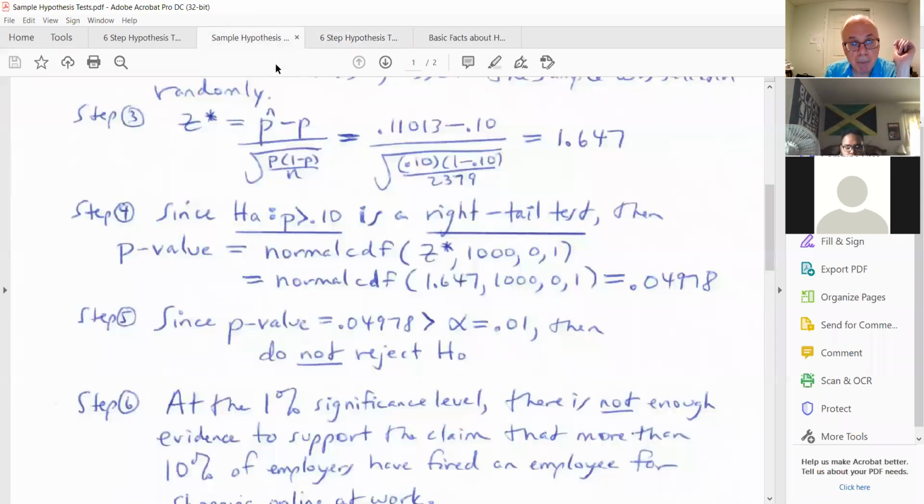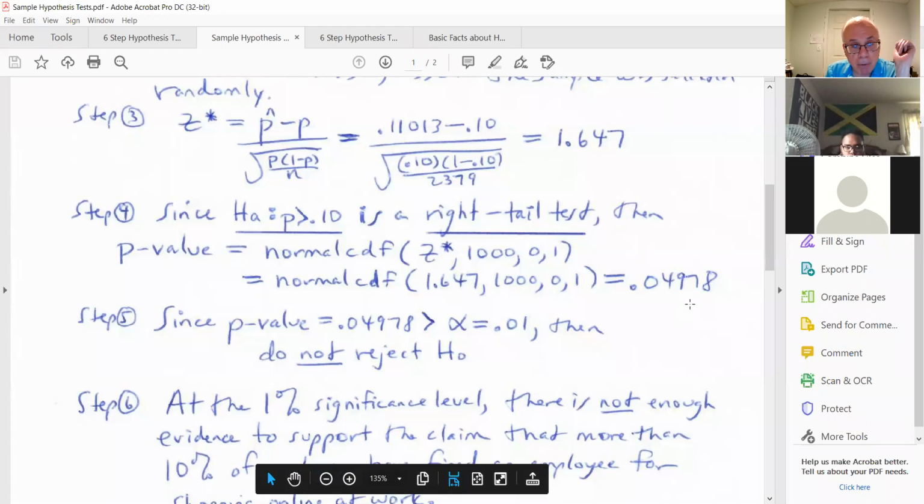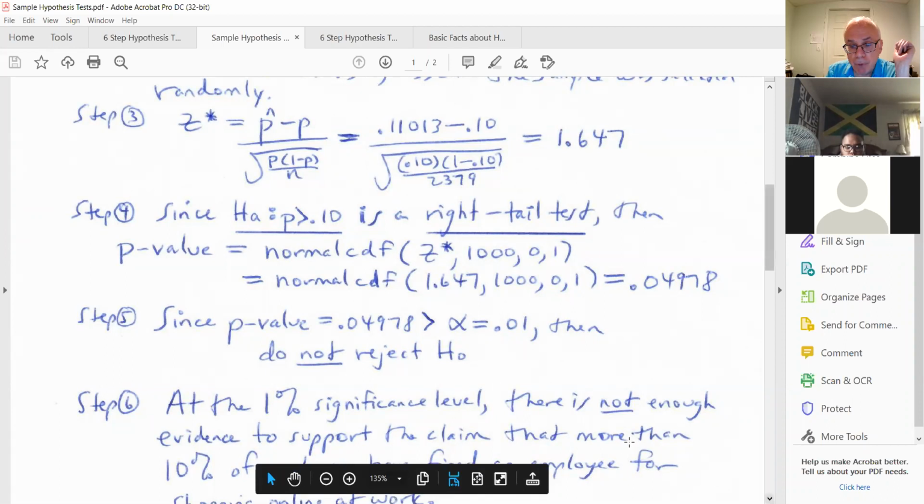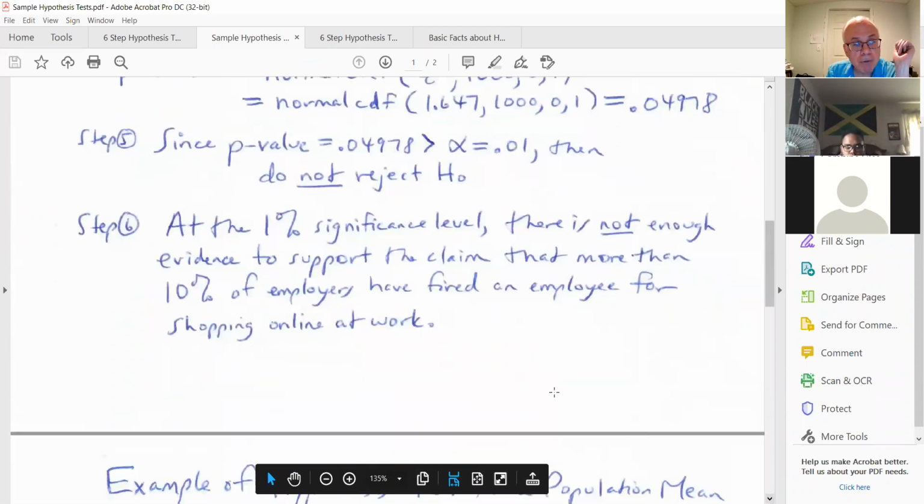Back to the problem. Here's your p-value. Here's your alpha. Since the p-value of 0.049 is greater than alpha, which is 0.01, our decision is do not reject the null. Step 6, here's my interpretation.